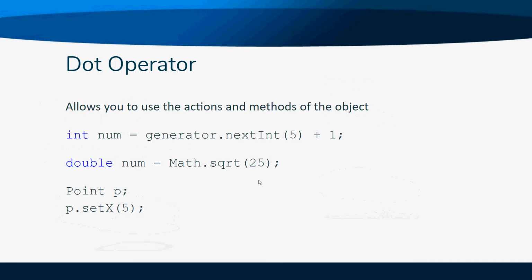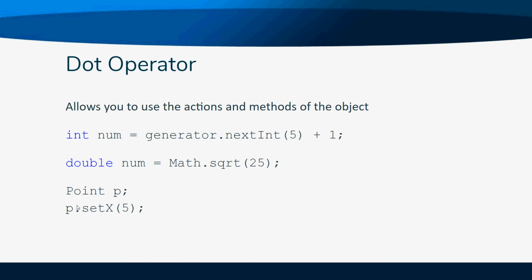Okay, the dot operator is how you use the object. And we've done this before. Generator is of type random, and we use the dot operator to get the next random number from our sequence. Math was our object. That was a static method, so we had to say math dot square root to get the square root function. Suppose we had a point and we wanted to set the x coordinate.